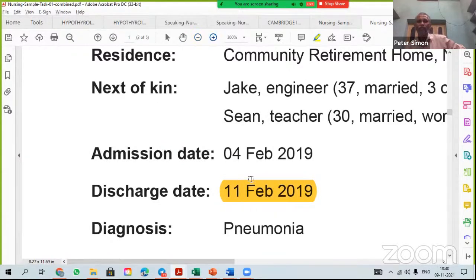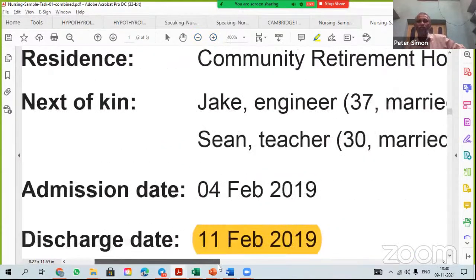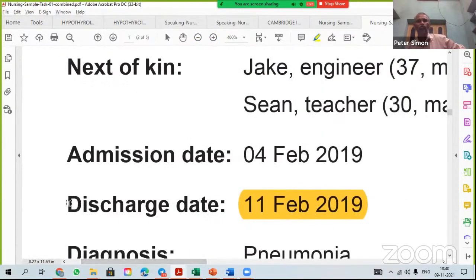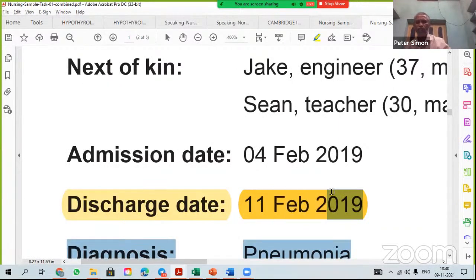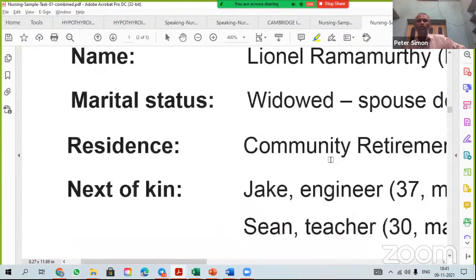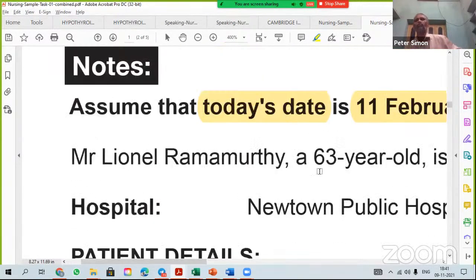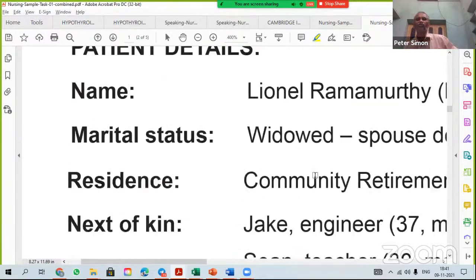This is a little confusing. Discharge date is February 2019, and in addition to this, the case notes are telling you today's date. Today's date is 11 February. No, this is wrong. In the case notes itself, it is wrong, because today's date should be 10 February, because he is scheduled to be discharged tomorrow.